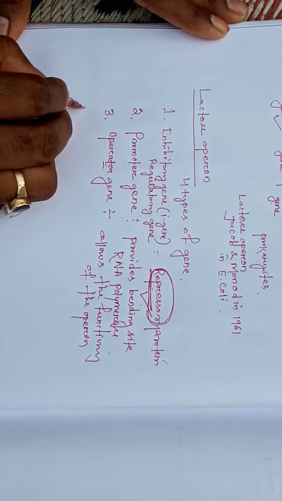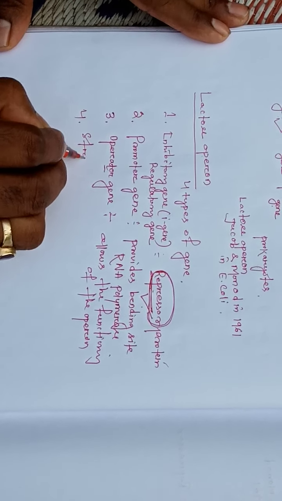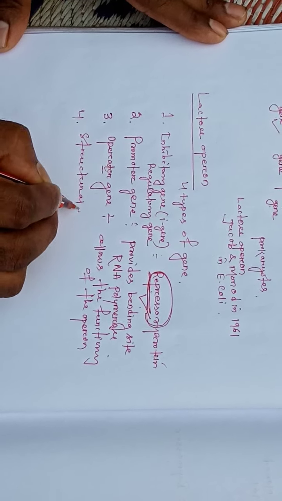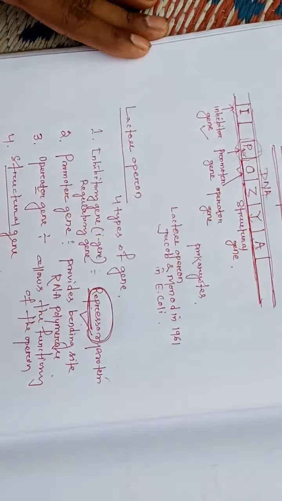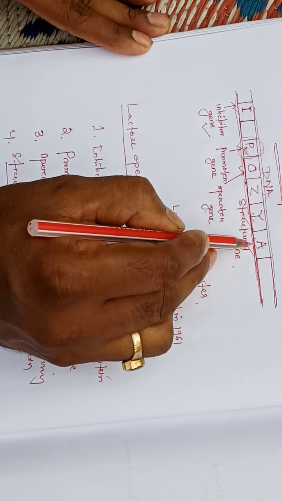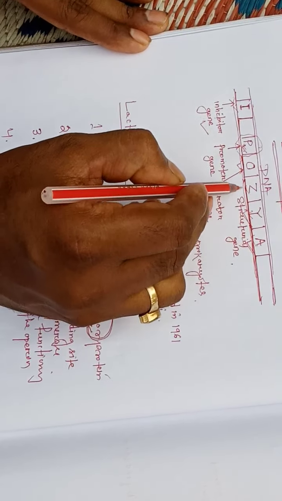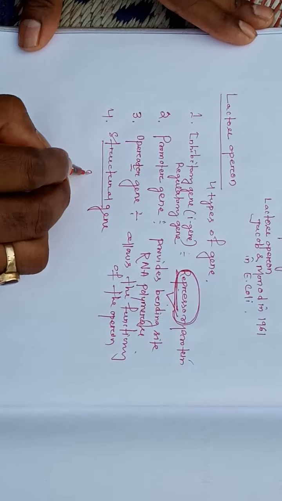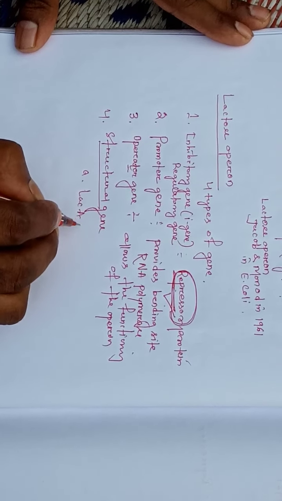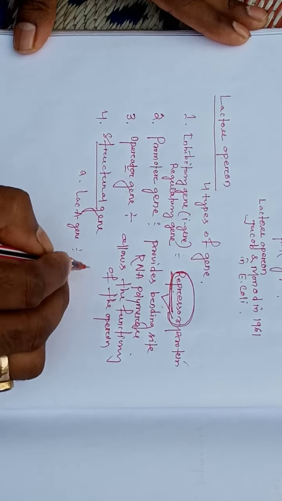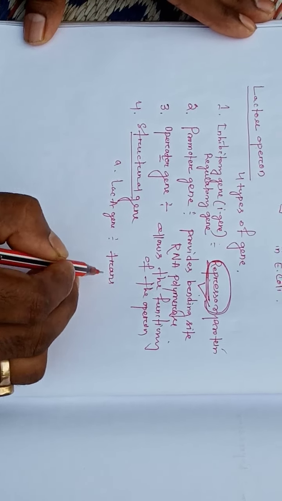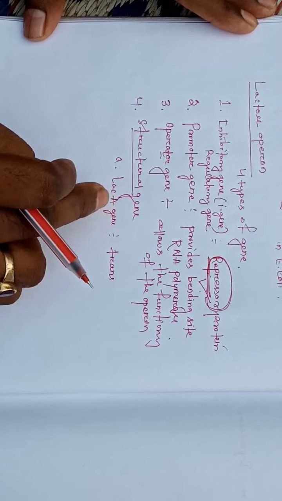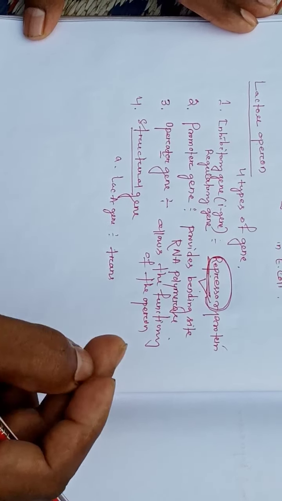The fourth is the structural gene. Here in the lactose operon there are three structural genes: Lac A gene, Lac Y gene, and Lac Z gene. The first is the Lac A gene. It codes for the enzyme trans-acetylase. When a gene undergoes expression, it produces functional proteins or enzymes.